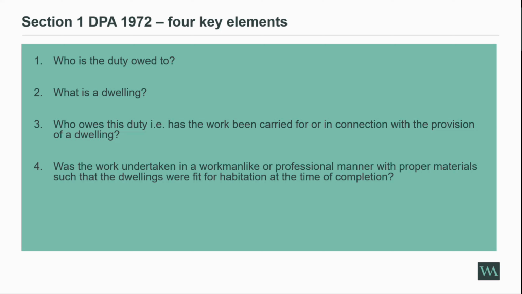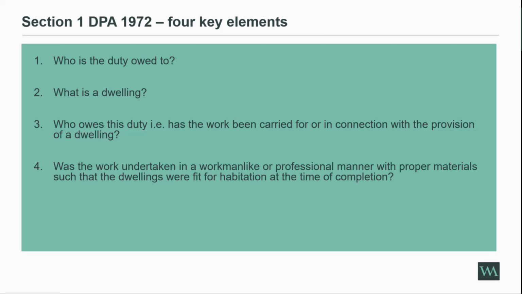And then the final point we need to establish, which is the most crucial, is whether this work was undertaken in a workmanlike or professional manner with proper materials. And this is where the expert evidence is crucial to supporting and evidencing the claim.